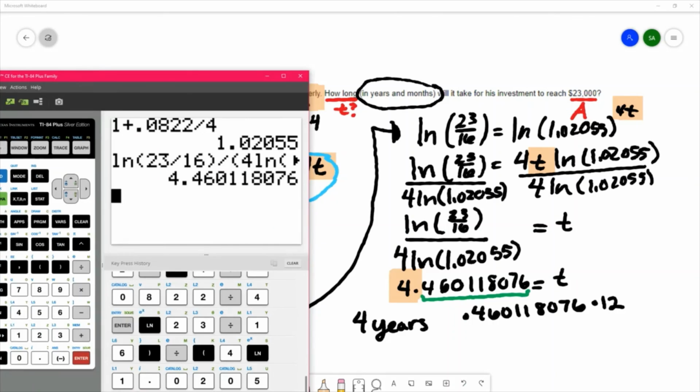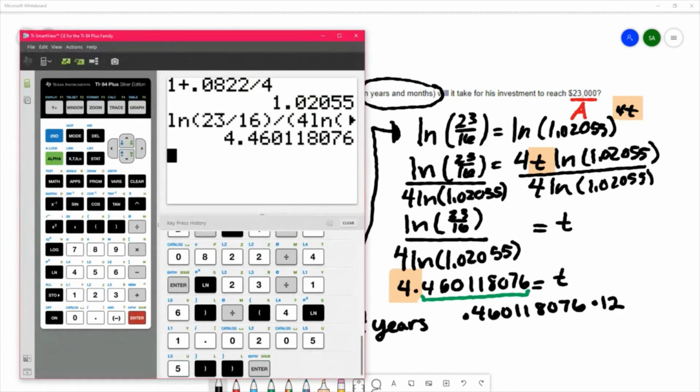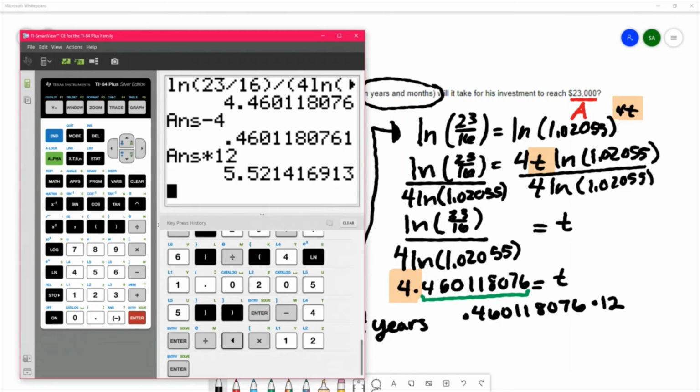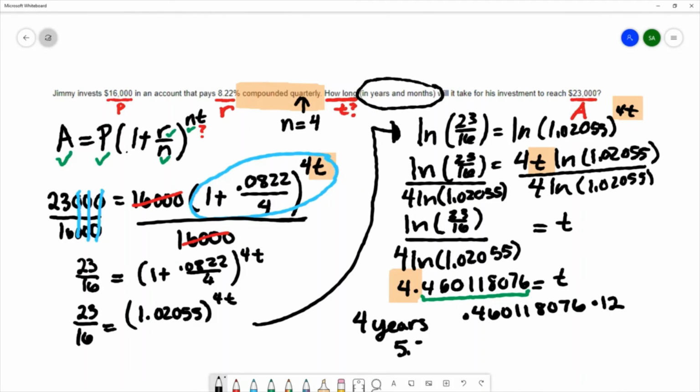So I'm going to bring back my calculator and I can subtract 4. That's going to get rid of that 4 years at the front, and then multiply by 12. That's going to convert that portion to months. And if I round that up, that's going to be 6 months. So we have 4 years and 5.5 months, which I am rounding to 6 months.